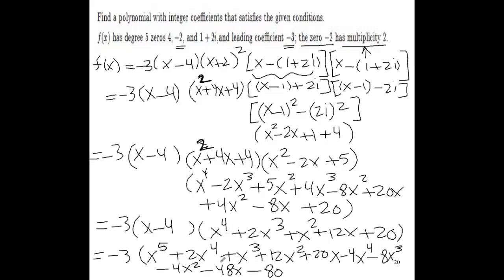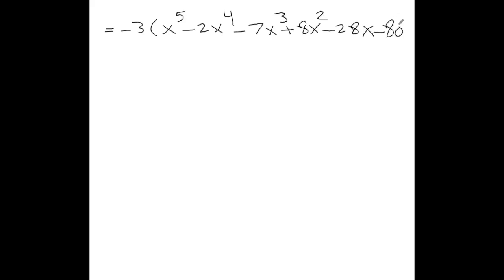Now I need to combine like terms and go to the new page. You get minus 3 times x to the power of 5 minus 2x to the power of 4 minus 7x to the power of 3 plus 8x to the power of 2 minus 28x minus 80.